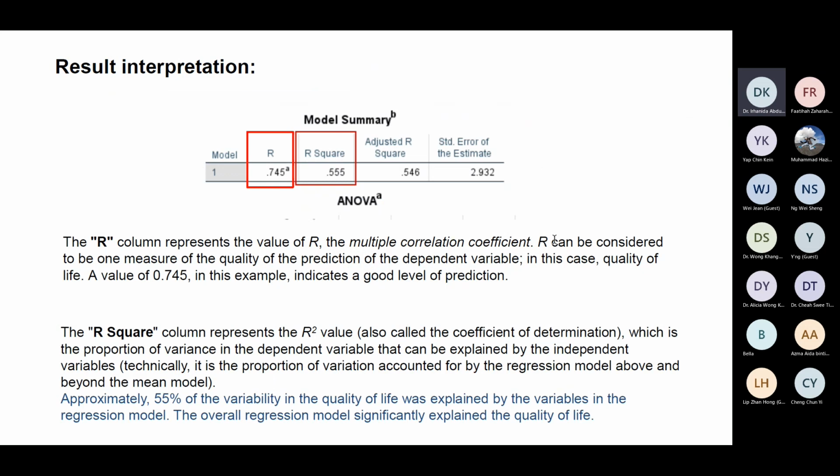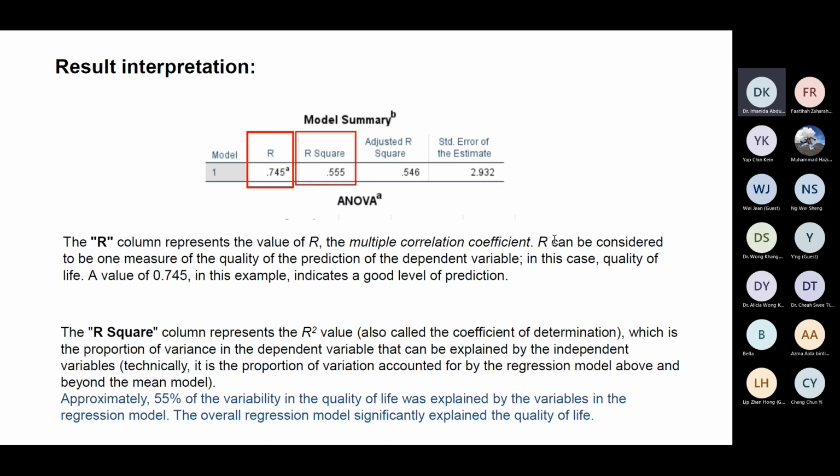So the main thing that we want to see when we do regression analysis is the R value and the R square value under model summary. There are a few boxes that will appear. The first box is the model summary, so we want to check the R value and the R square value. The R column represents the value of R, the multiple correlation coefficient. The R can be considered one measure of the quality of the prediction of the dependent variable, in this case, quality of life.